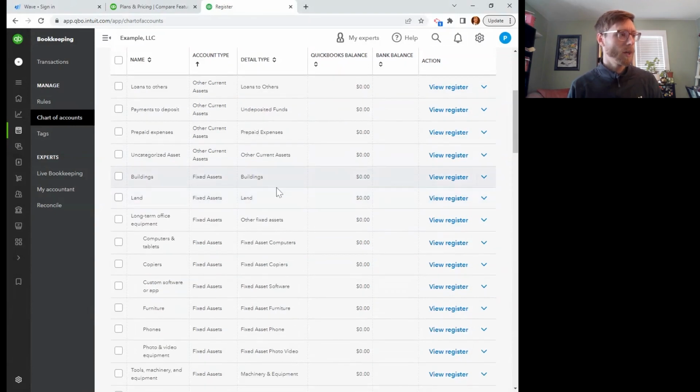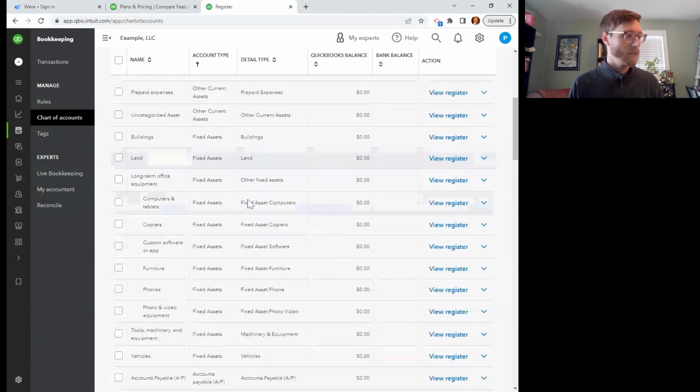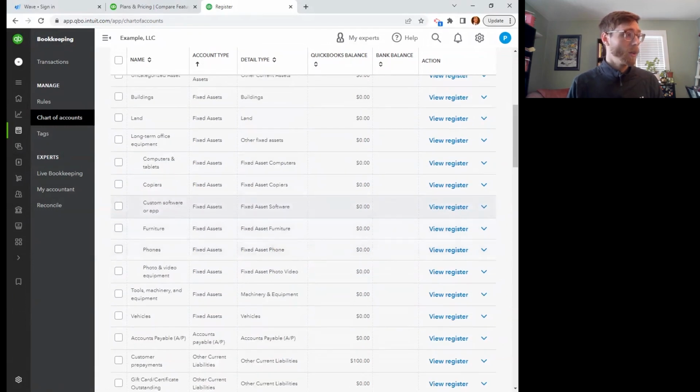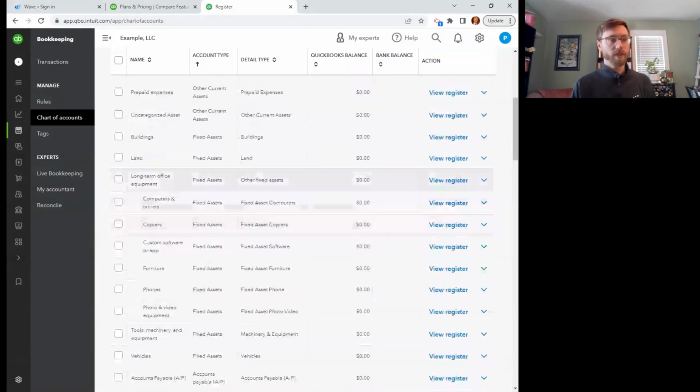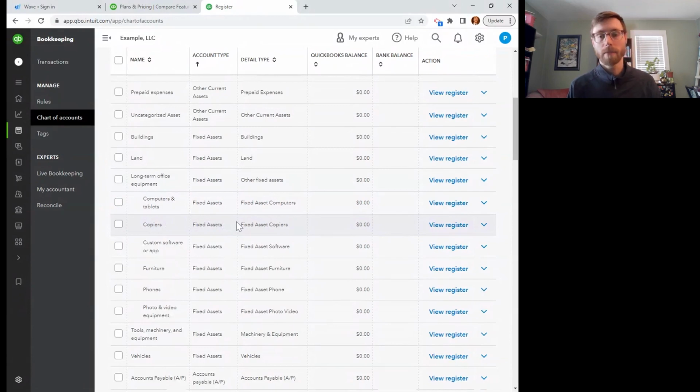And then more assets, that when you say assets, people usually think of like a building or land or maybe a vehicle, equipment. Those are called fixed assets. So those are all here, right? If you purchase a fixed asset, you could put it into this category when that money comes out of your account. You can just simply search for it in that drop-down menu under category and categorize it there.